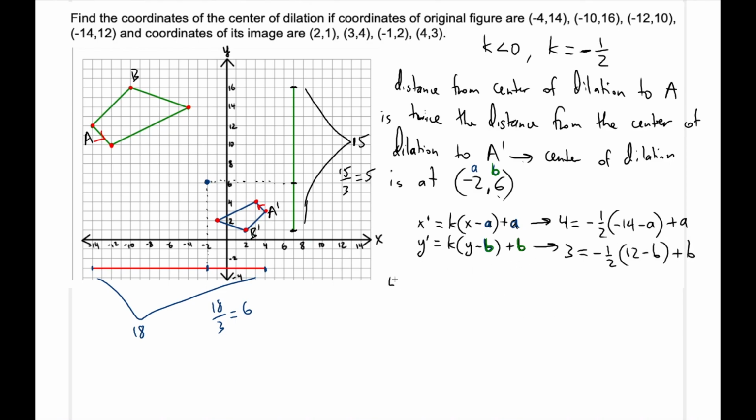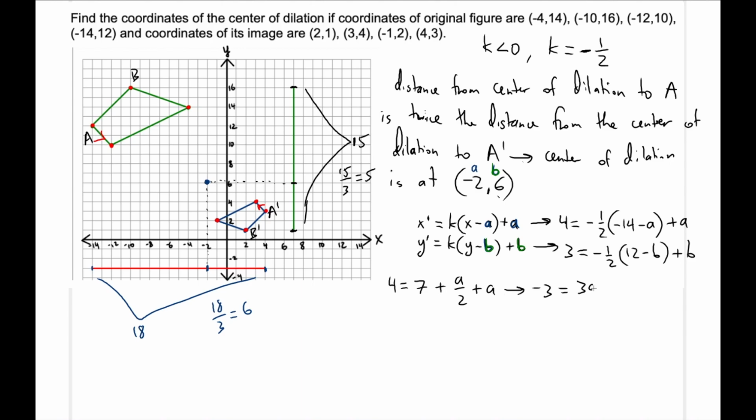So first equation, we're going to have 4. This is positive. 14 over 2 is 7. This is positive A over 2, because two negatives multiply, and then plus A. So what does that give us? If you subtract 7, that's going to be -3. This thing is going to be 2 over 2 plus A over 2.